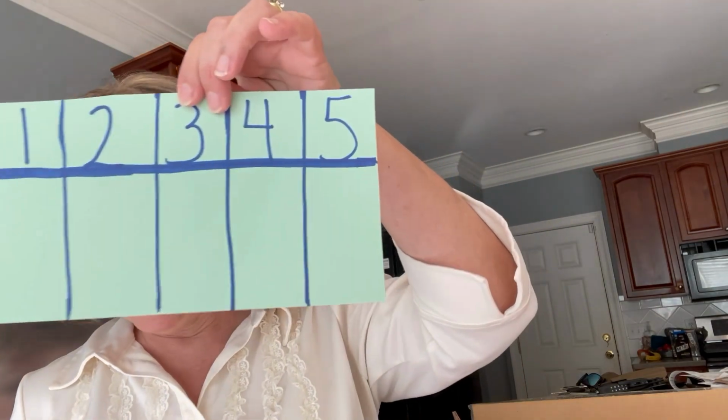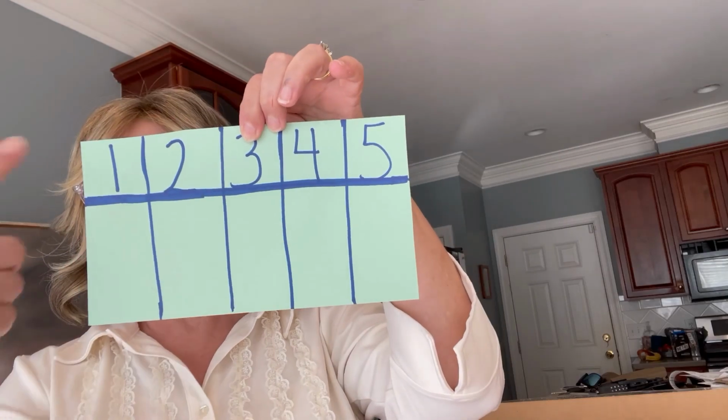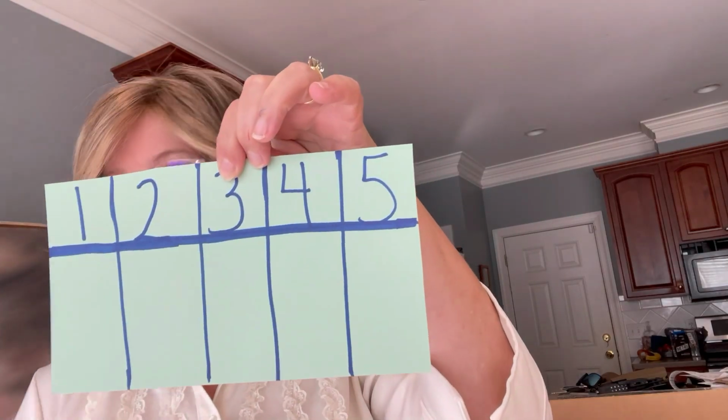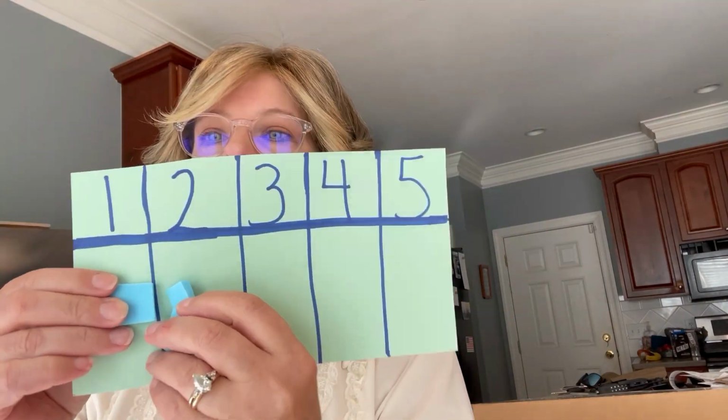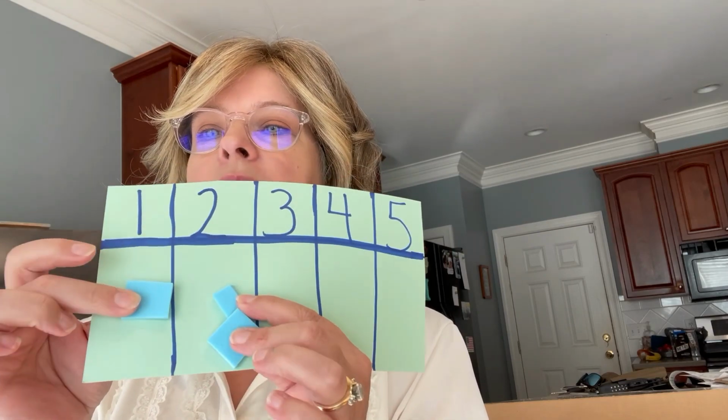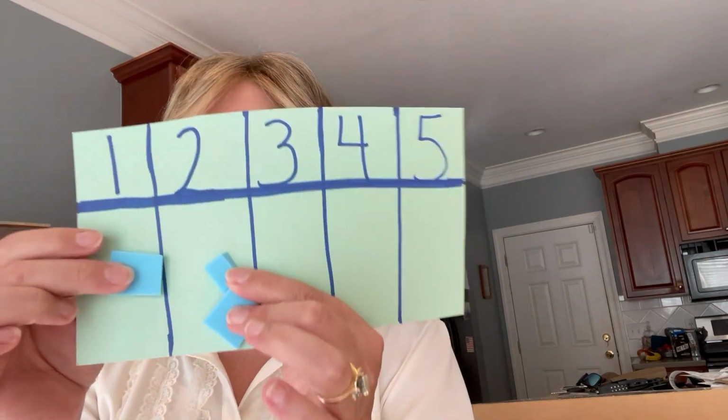So a quick thing I made, counting objects to 5. All I did, pretty obvious, and then I have these little foam squares, and the student is just going to, well, hopefully, this will be laying on the table, of course.